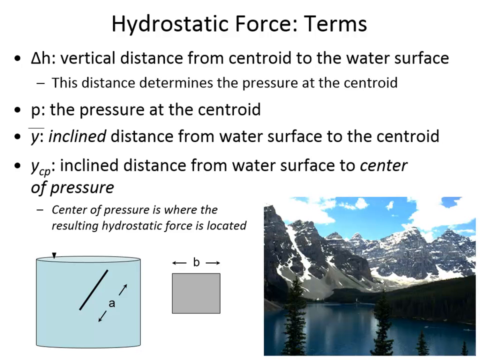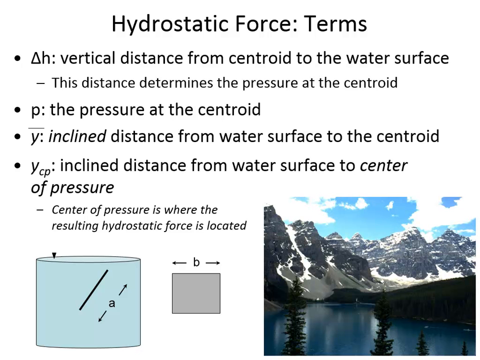But the force doesn't itself act at the location of the centroid. It's a little bit further down than the centroid. Calculating the location of that force is where YCP comes in. YCP is the distance along the inclined length from where the force is located up to the water surface. So there's three main distances.